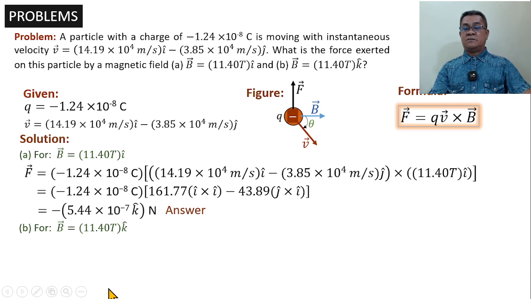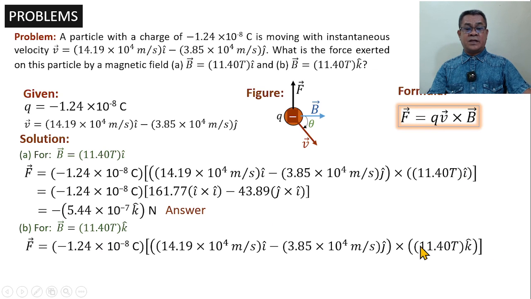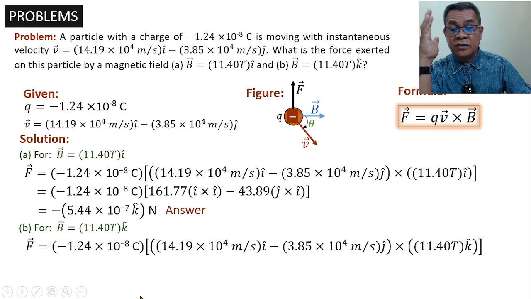For letter B, of course, the only change here is this one. Change this to k hat because the problem is k hat. So replace this with the same number, 11.40 times 10. Then we have k hat. So the same process, but take note of this.